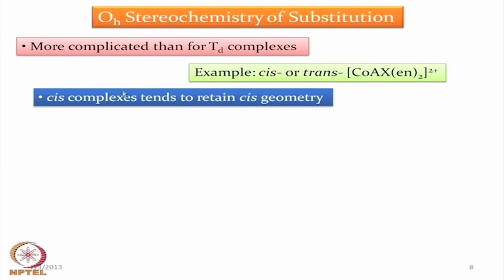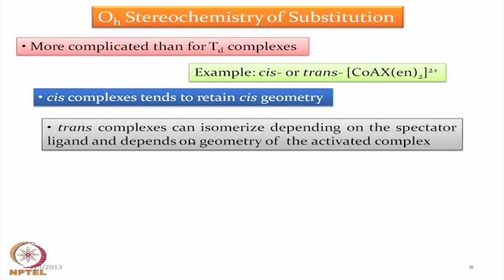The cis complexes always tend to retain the cis geometry. That means if we start from the cis geometry, the end product is also the cis geometry, whether we go for the substitution of the Cl by the hydroxide group.